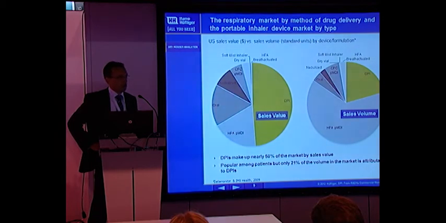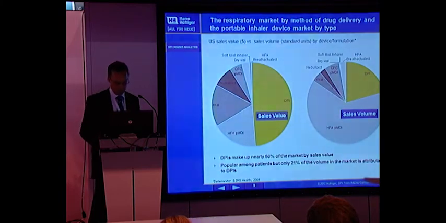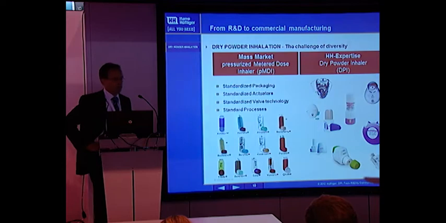However, if you look at the sales volume in number of units, aerosols make around 60% of the market in volume, but dry powder inhalers in terms of units make only 20%. So what it tells you is the aerosol business is large volume, but not much money to earn. This is really a mass market.